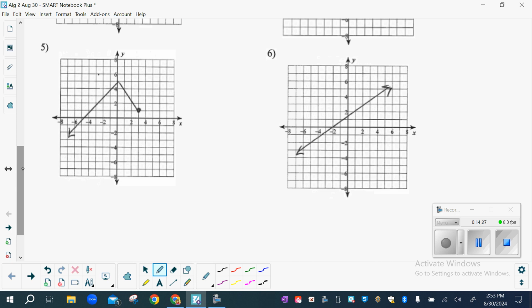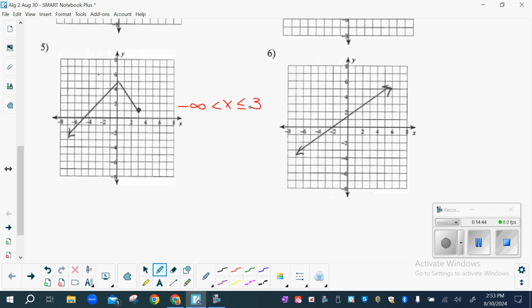Okay, so this one would be negative infinity less than x, less than or equal to 3. Questions on that? Please, if you have a question, ask it, because if you have it, somebody else probably has it.